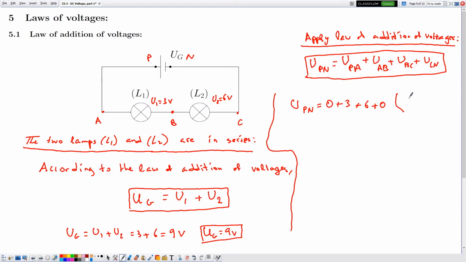Between the brackets we can write that UPA is equal to 0 and UCN is equal to 0, and the reason is connecting wires. And this will give me 9. Since UPA, UAB, UBC, UCN, all of them are in volts, then the value of UPN will be in volts. Then UPN is equal to 9 volts.